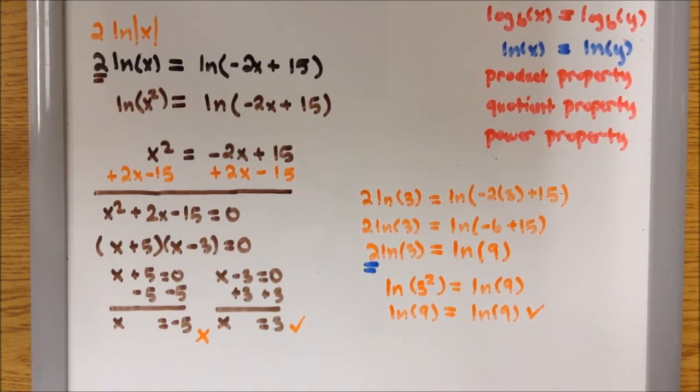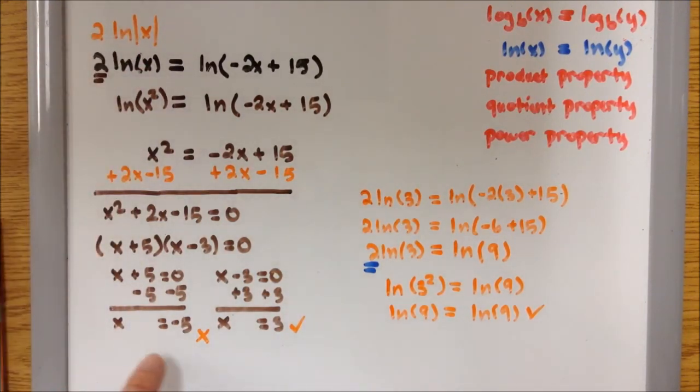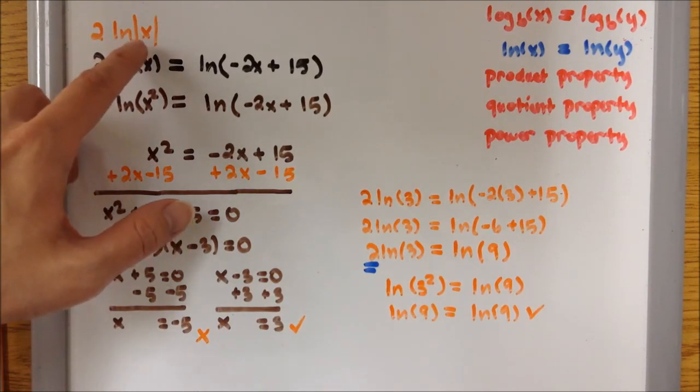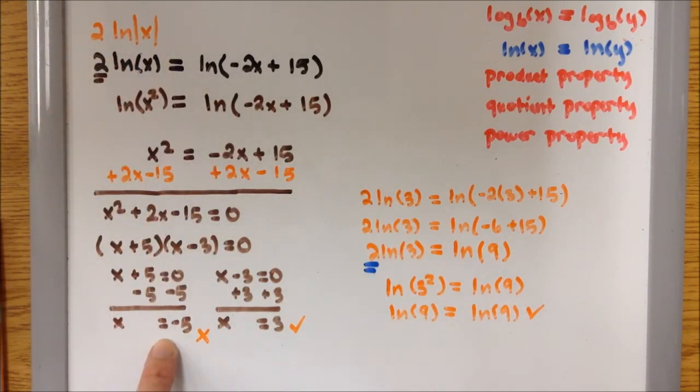Now before I finish this, again, when we test out x equals negative 5, had it been 2 natural log of the absolute value of x, if I plug in negative 5 into this one, the absolute value of x is going to come out as a positive 5. So x equals negative 5 might have worked and it would count as part of the final solution.